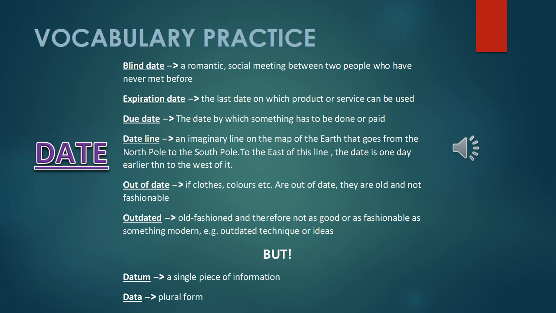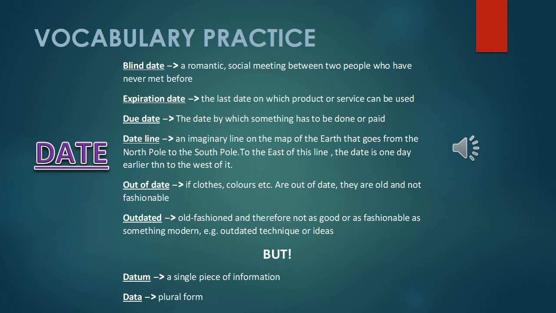Now, outdated is a little bit different. Let's say out of date and outdated, they are maybe slightly different in meaning, because outdated means old-fashioned and therefore not as good or as fashionable as something modern, like, for example, when we speak about outdated techniques or ideas.